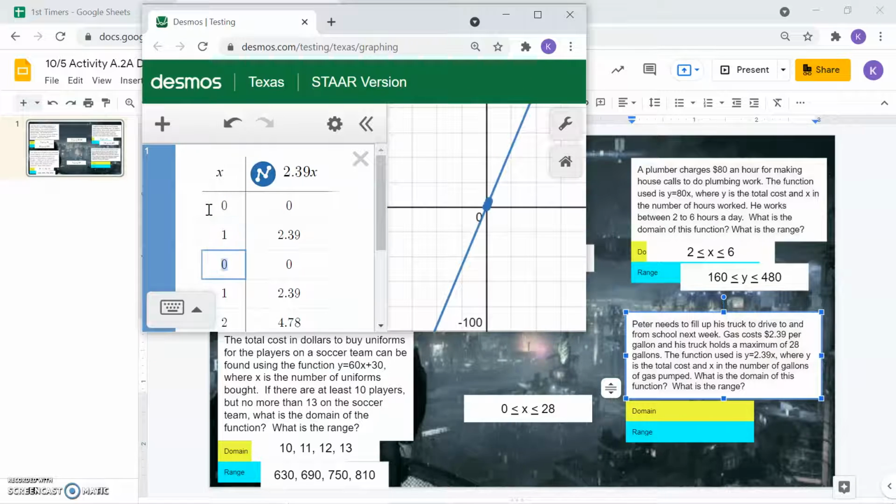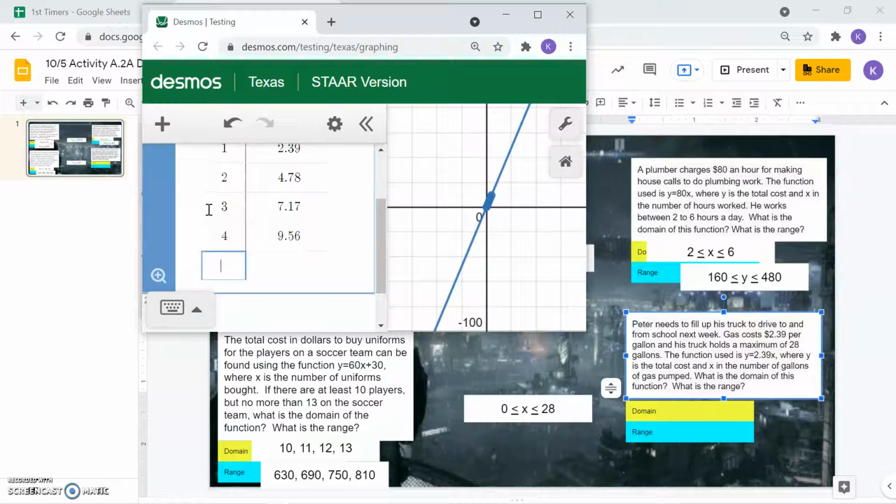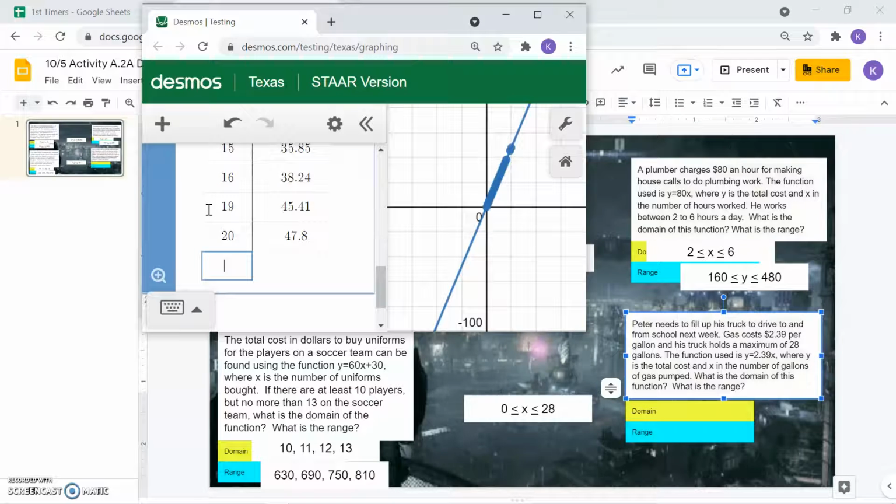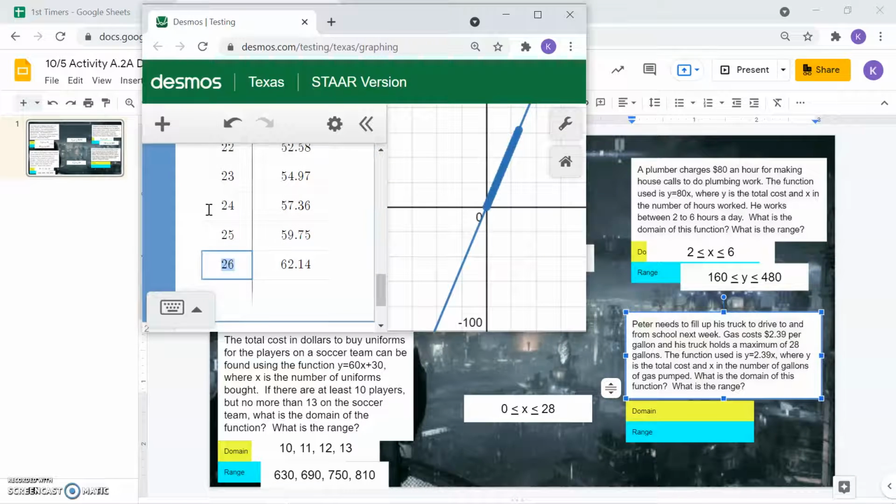And then 1, 2, 3, up to 20. Oops, did I skip anything? 16, 17, 18, 19, 20, 21, 22, 23, 24, 25, 26, 27, 28.